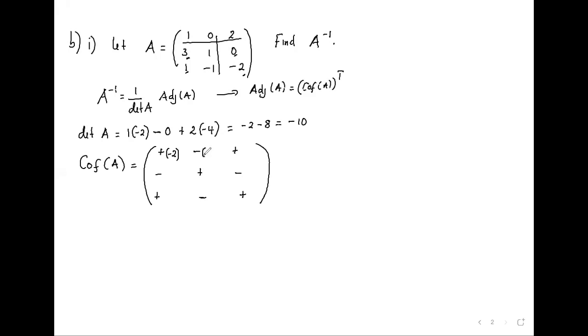So we have -6 here. And then we remove the column and the row for 2. So we have -3 minus 1, that's -4. So we have -4 here.